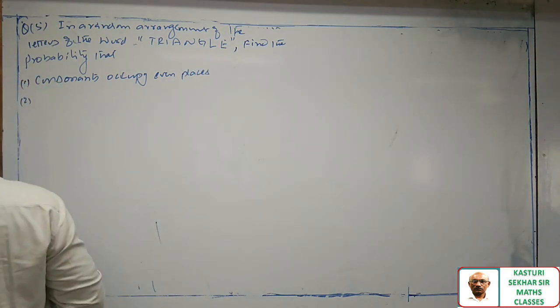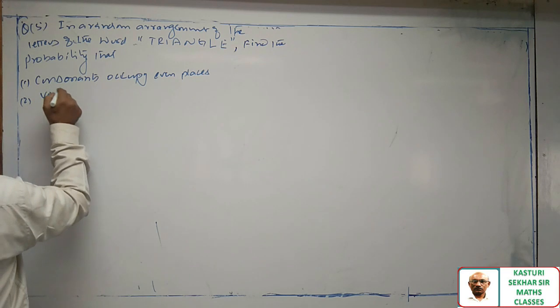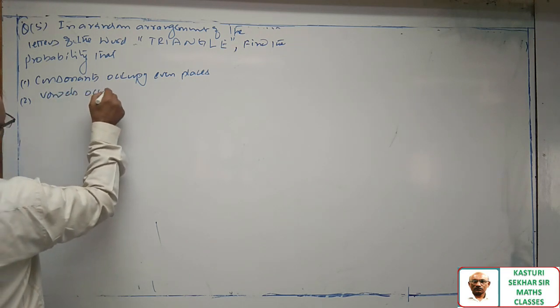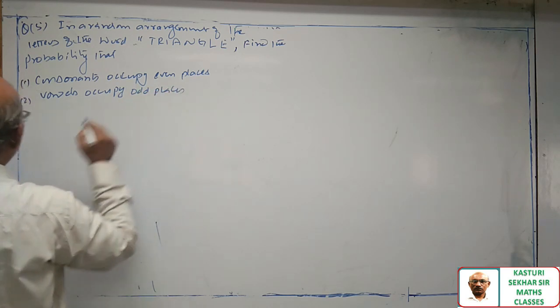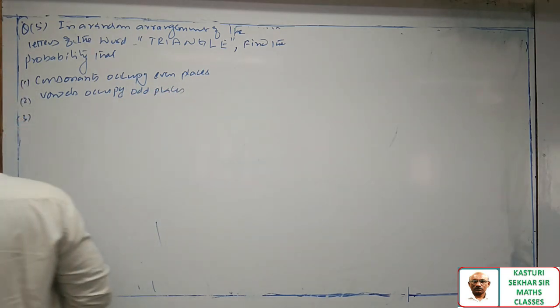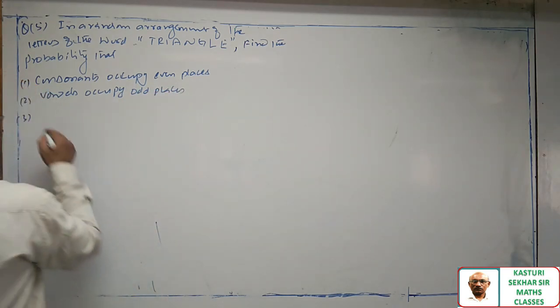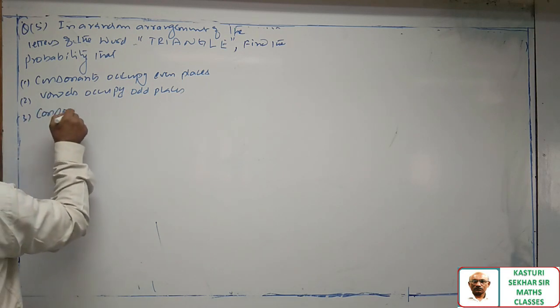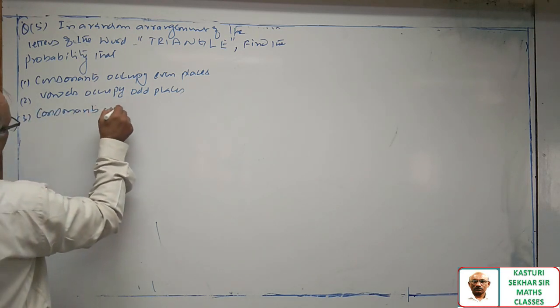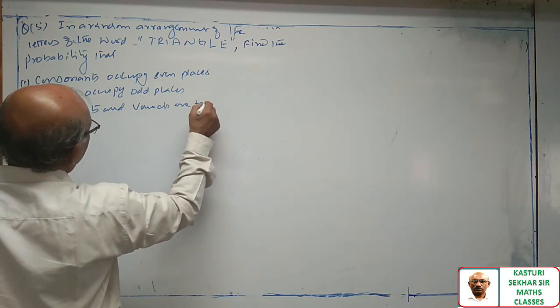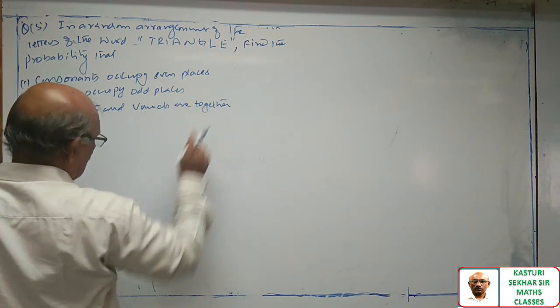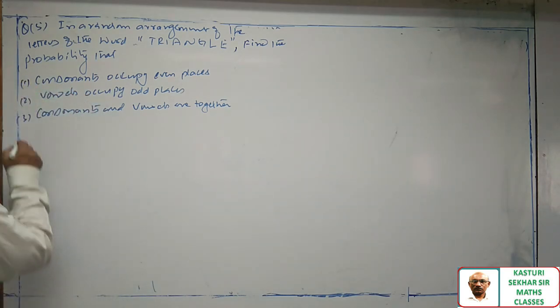Question number 2. Vowels occupy odd places. Question number 3. Consonants and vowels are together.